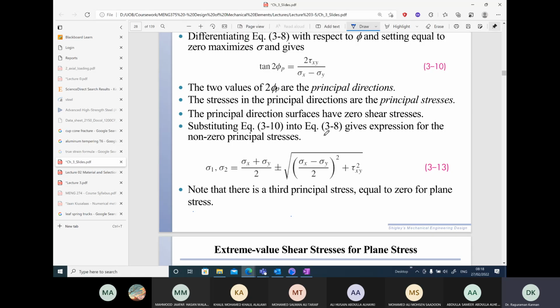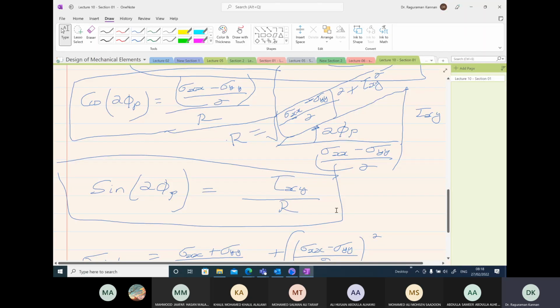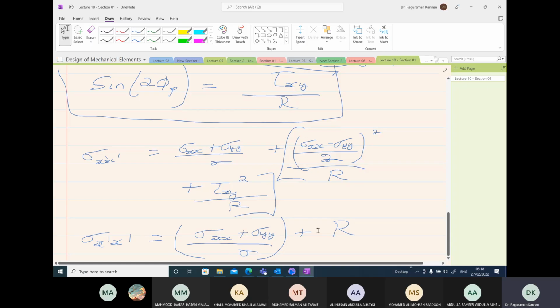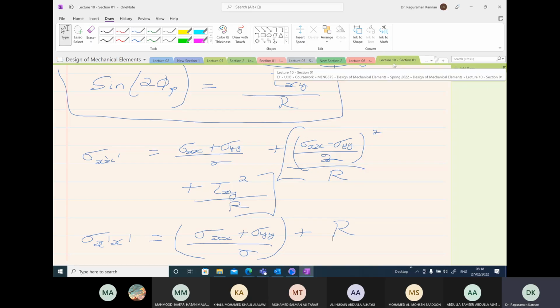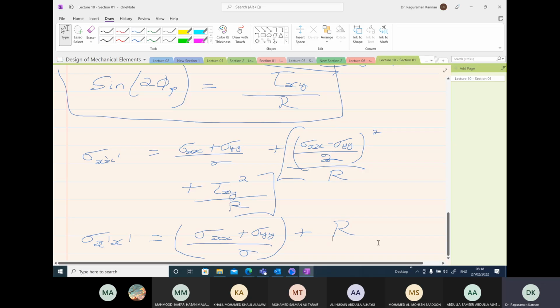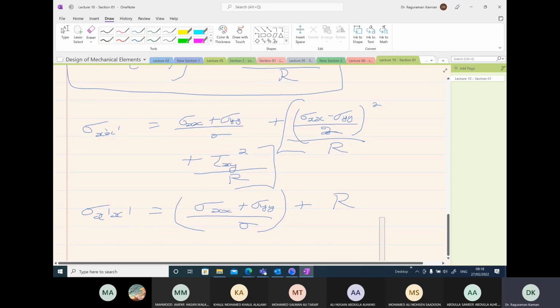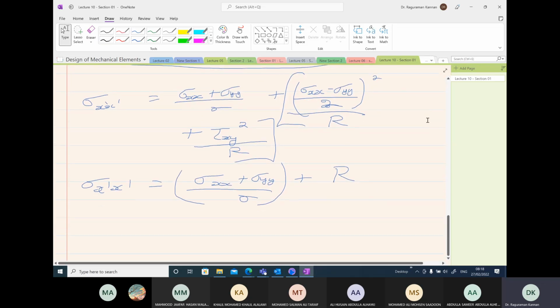Okay, plus term. So along the x direction, we realize from this formula, along the x direction, the formula is sigma x plus sigma y over 2 plus the term with the plus quantity.